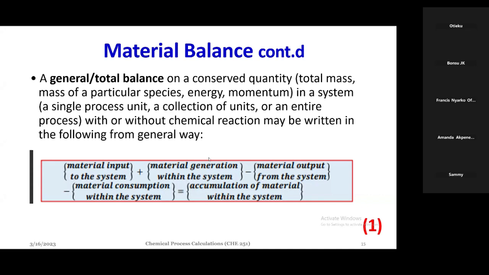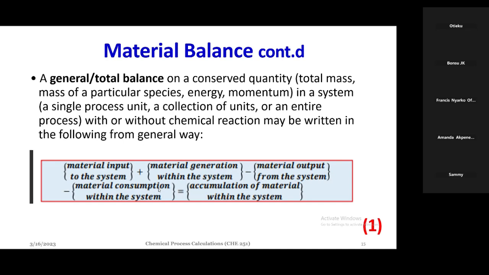Right. So we have the material input to the system, minus the material output from the system, what comes out of the system, minus the material consumption within the system. Because for any reaction to take place, there should be breaking of bonds. Some compounds should be consumed for other compounds to be formed.